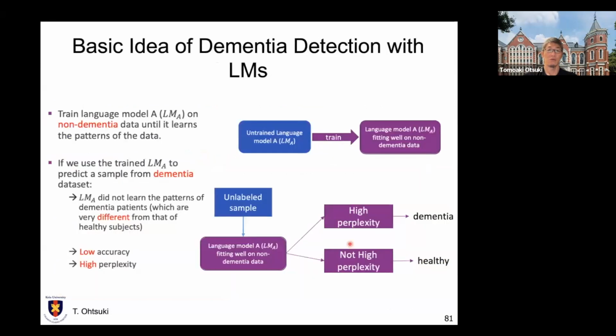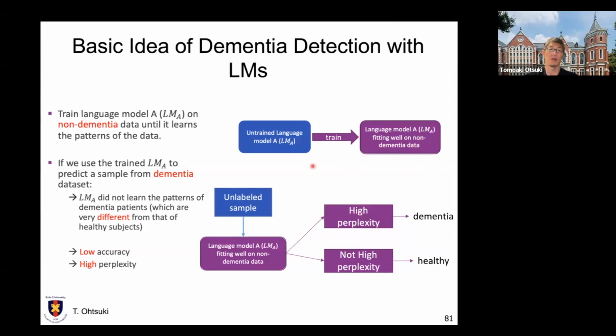So how do we use this language model and perplexity to detect dementia? For example, we train the language model using data from dementia persons, then we get a language model fitting well on dementia persons, or vice versa.